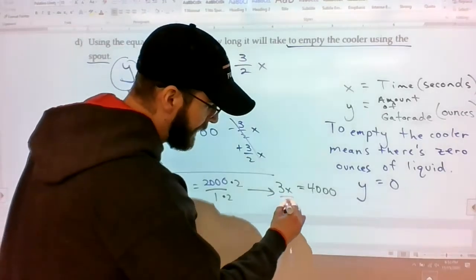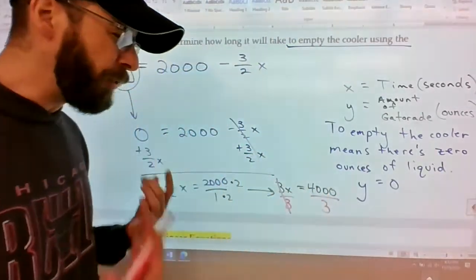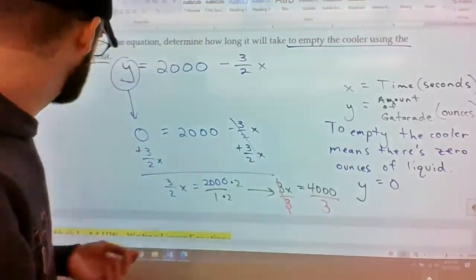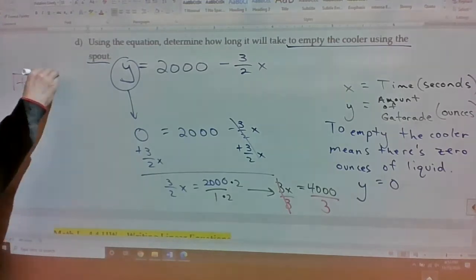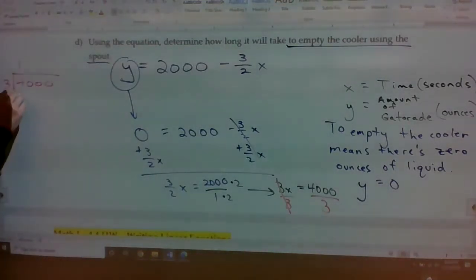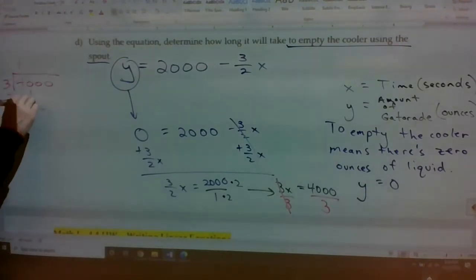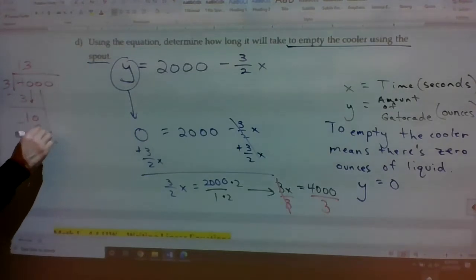All right, divide that by 3. What's 4,000 divided by 3? Well, we can just go off to the side here and work it out. 3 goes into 4 one time. 3 goes into 10 3 times. 3 goes into 10.